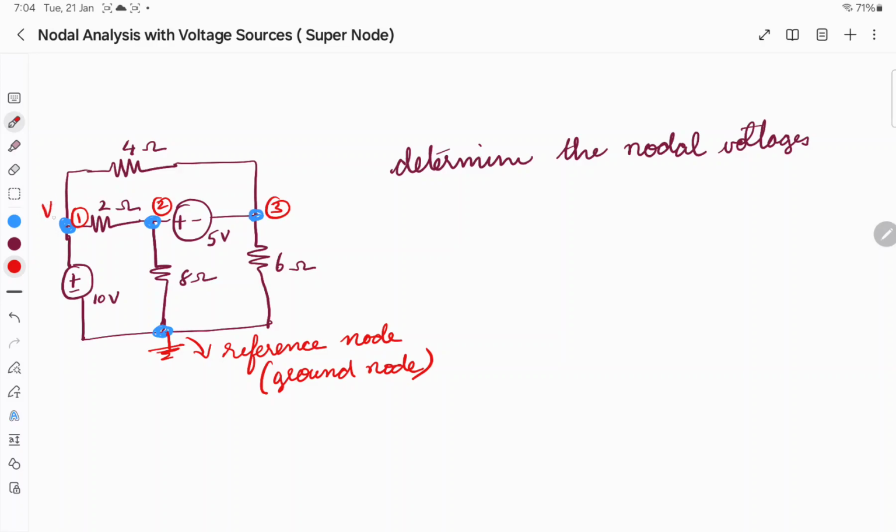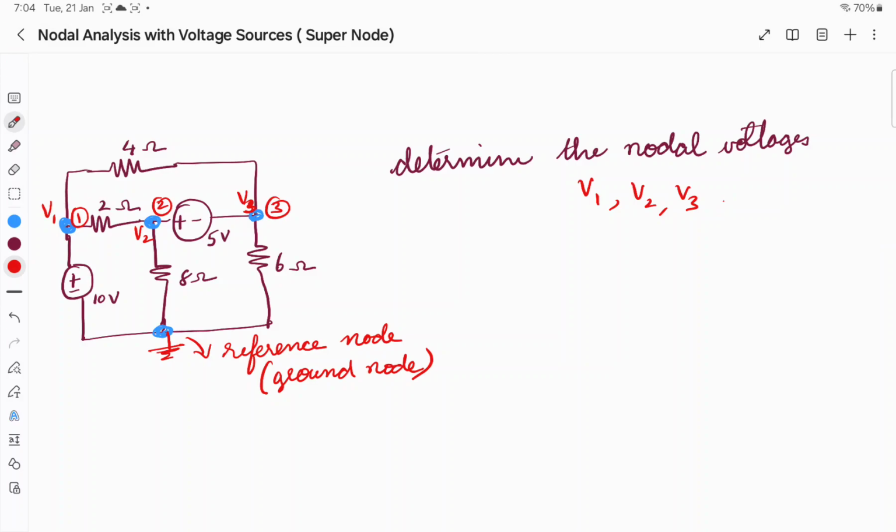The corresponding voltages are, let me give the name V1, the voltage at this point is V2, the voltage at this point is V3. The question is, we are going to find the nodal voltages V1, V2 and V3. In this case, we can identify two types of voltage source in this circuit.